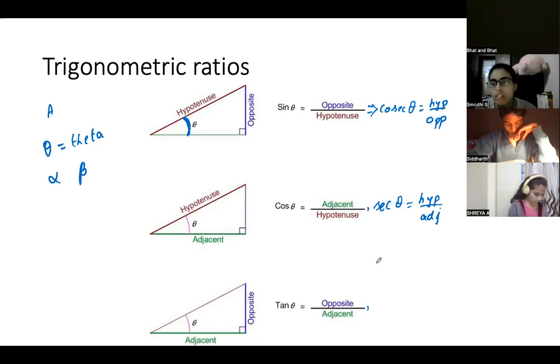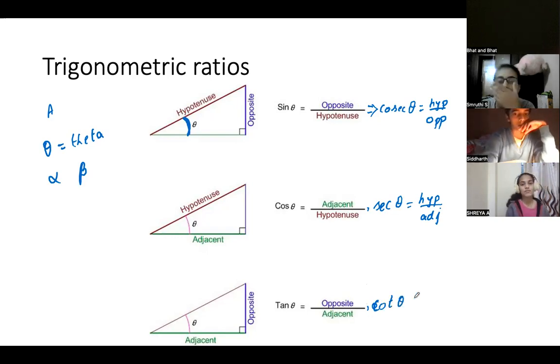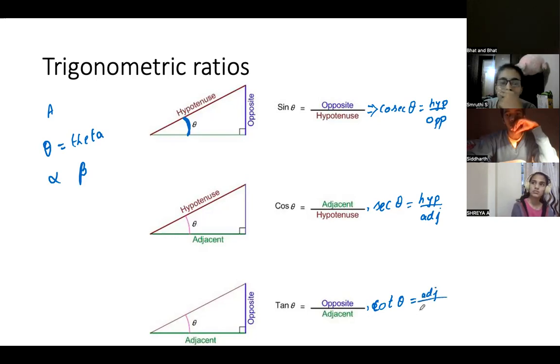Cotangent, or cot theta. We can just abbreviate it as cot theta, correct? So cot theta will be equal to adjacent by opposite. Right? So these trigonometric ratios we have learned.